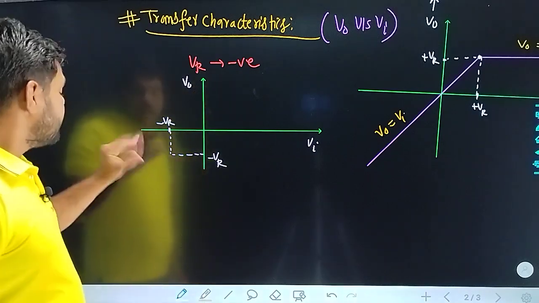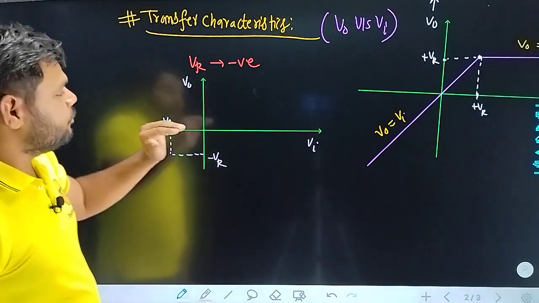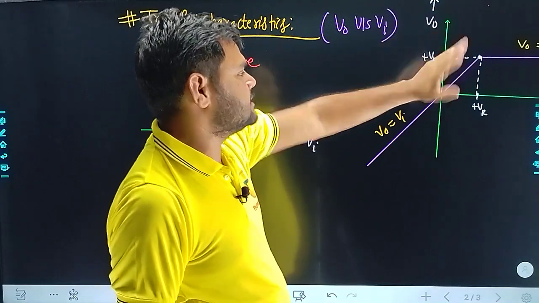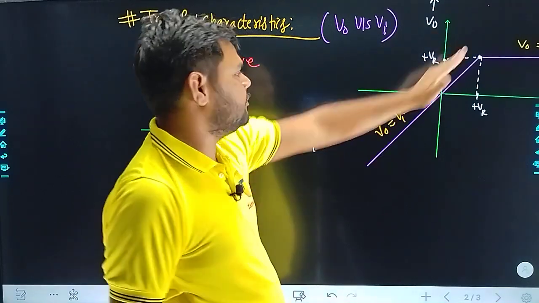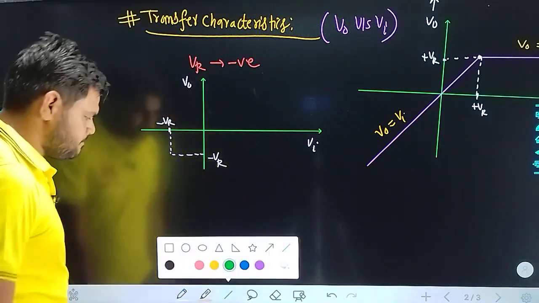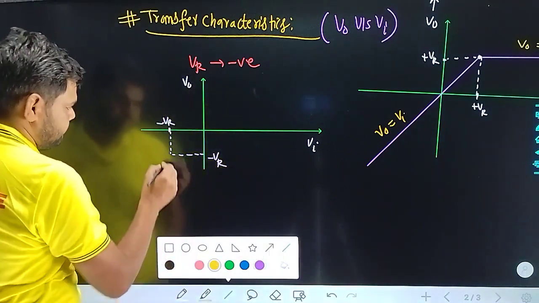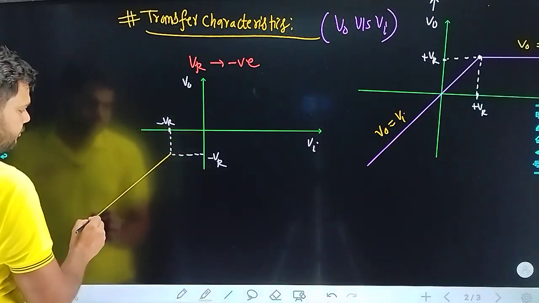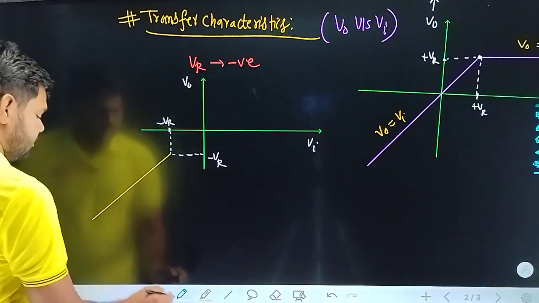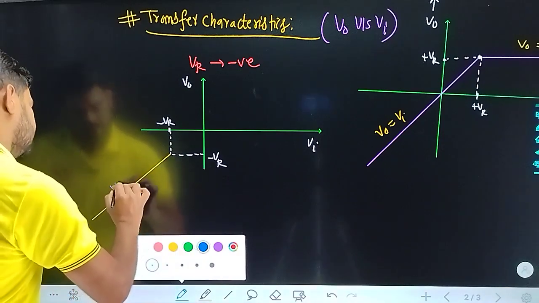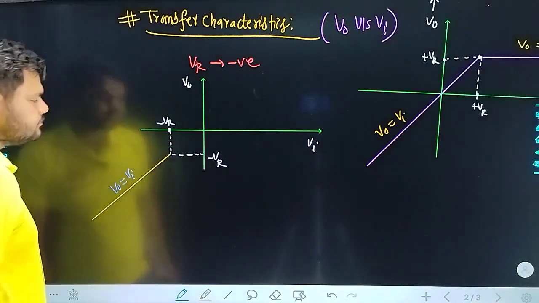Now, before V reference, V input less than V reference, the output came V0 equal to Vi, which means in that section the output follows the input, so for this section I'll say V naught is equal to Vi.